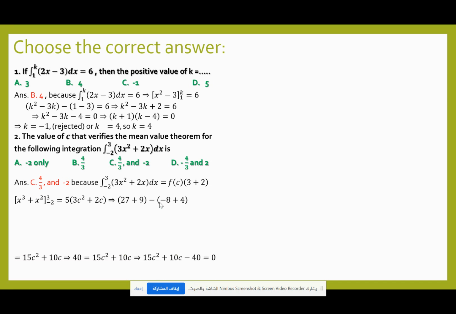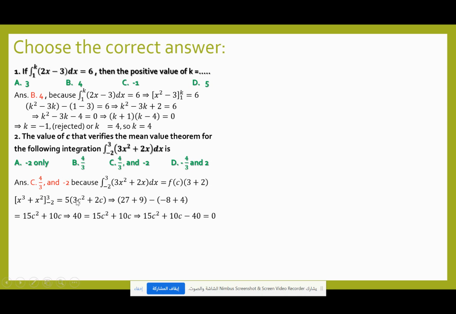It depends on you. To evaluate it, you can multiply 5 by 3, it's 15c squared. 5 by 2 is 10c equals, or moving all to the other side gives you here 27 plus 9 minus 8 plus 4, that all calculation will give you 40.